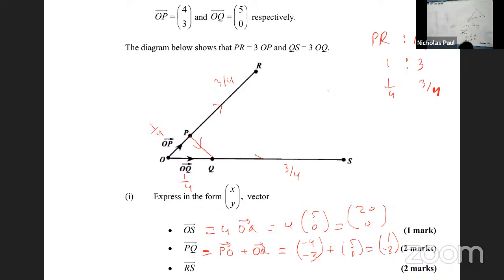Show a diagram earlier, you must have a diagram. So throw it back in your note and find RS.